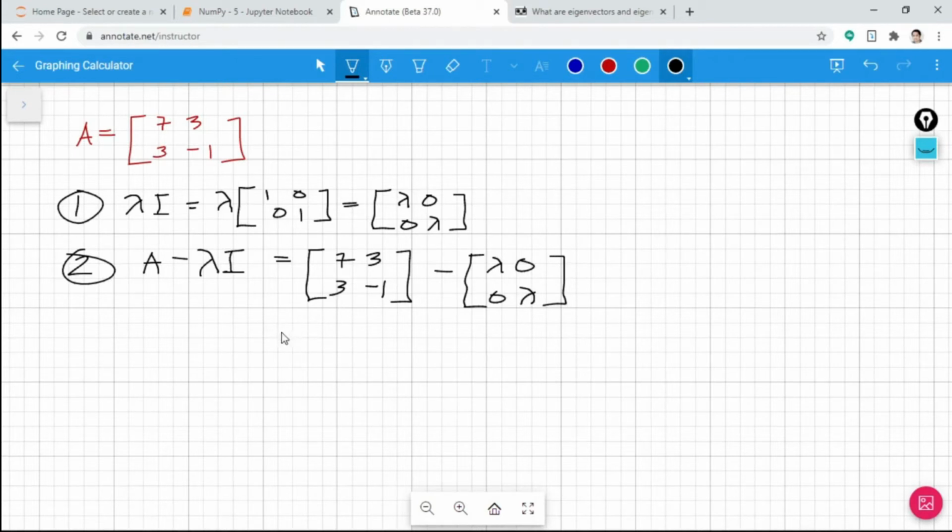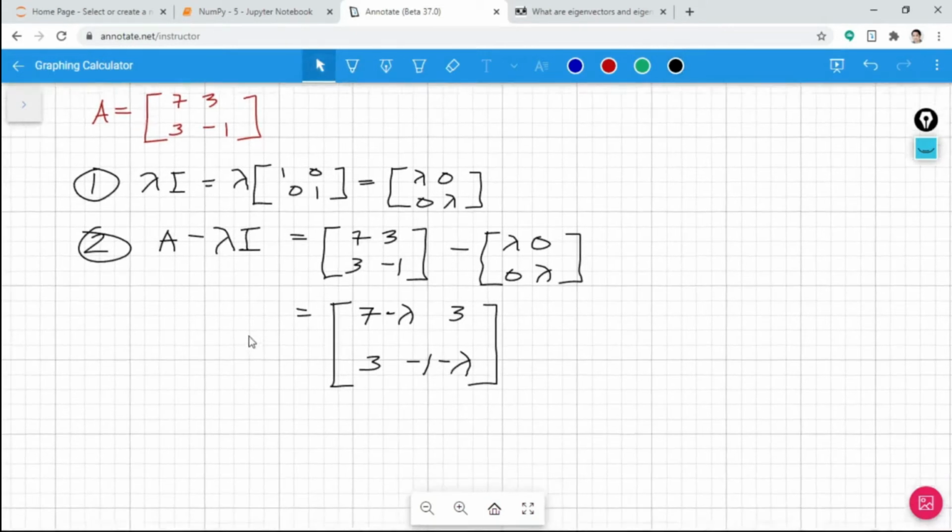So next, if you subtract this one, you will have 7 minus lambda. The next one is 3 minus 0, so this one is 3. So negative 1 minus the lambda. I don't know if this looks like a lambda, but that's a lambda for me.